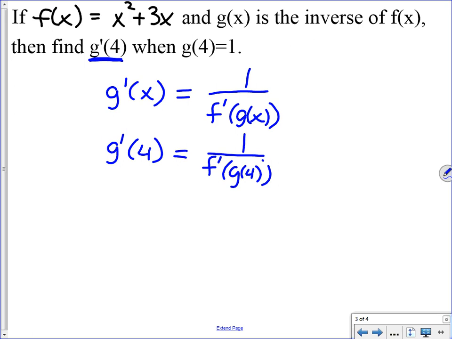So we're going to end up finding 1 divided by f prime of g of 4. All I did is replace x with 4 in our rule. Now this problem is not too bad because they tell us g of 4 is equal to 1. So this is just going to become 1 over f prime of 1.